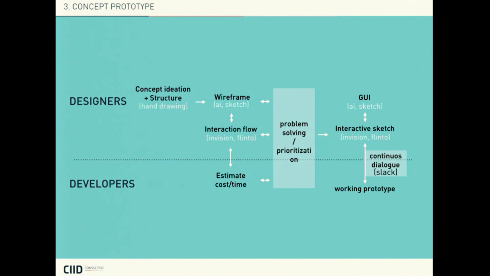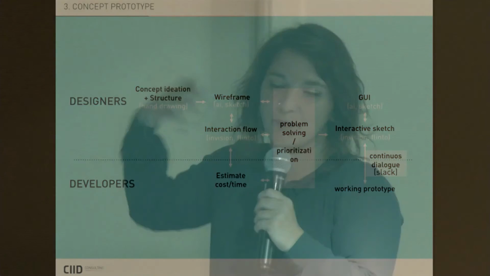And I was glad to see that often we start to problem solve with developers even before starting to make a GUI, and prioritize together and find the right solution together.